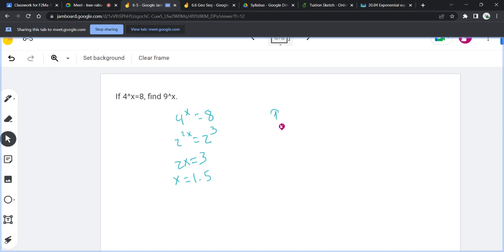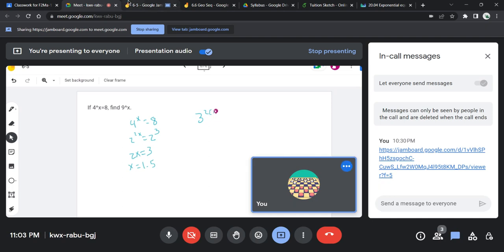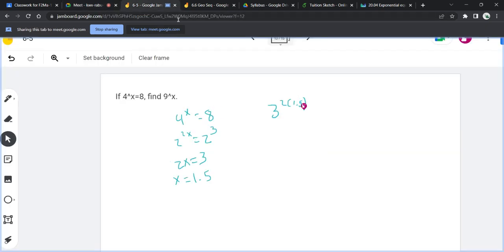So we have 3 to the power 2, to the power 1.5. So 2 can multiply by 1.5.